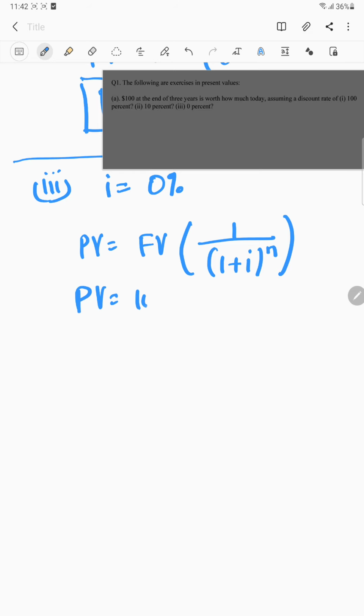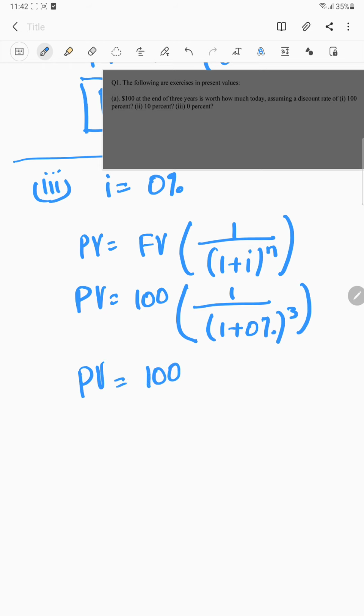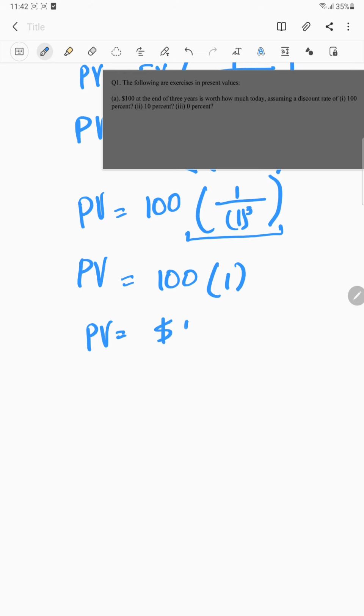PV equals 100 times 1 upon (1 plus 0%) to the power 3. PV equals 100 times 1 upon 1 to the power 3. If we solve this equation, our answer will become 1 only. So PV equals $100.